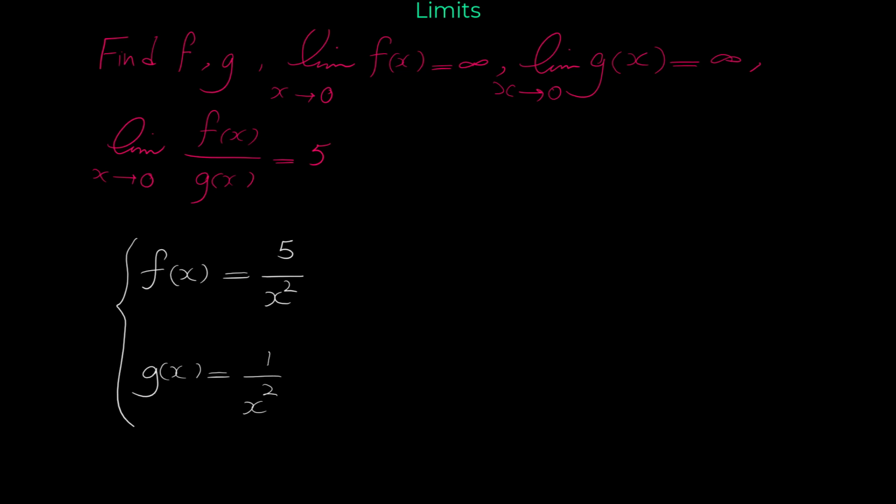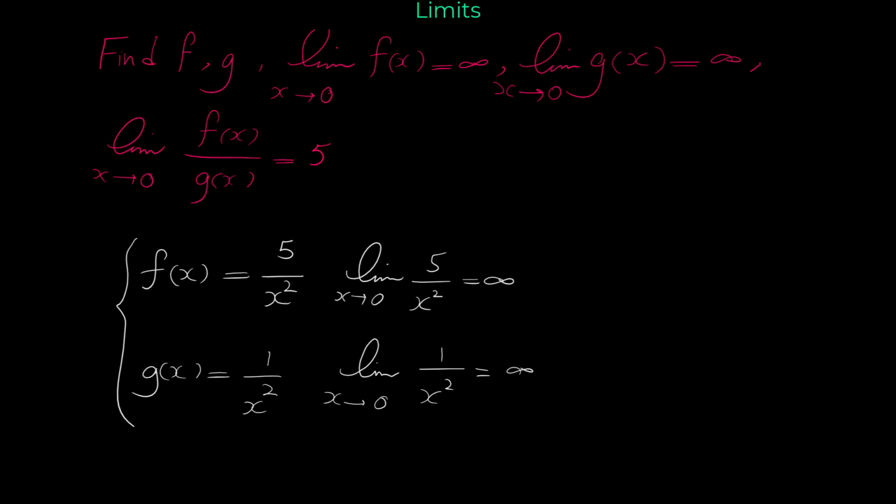Limit of f of x is obviously infinity. Limit of 5 over x to the 2 when x approaches 0 is infinity, because it's 5 over something that approaches 0. Any non-zero number over something that approaches 0 is infinity. Limit of g of x is clearly also infinity.